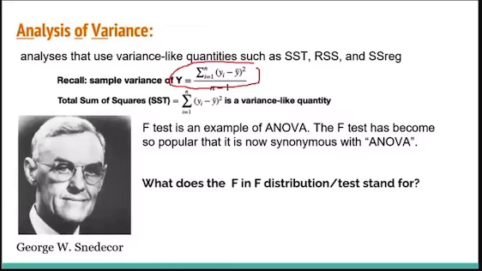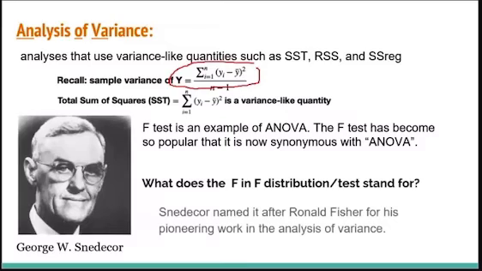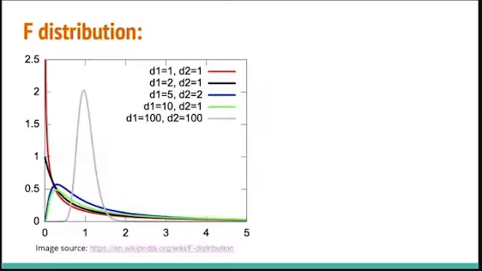Definitely it was named after Ronald Fisher. You see that F? Fisher. Snedecor named it after Ronald Fisher for his pioneering work in the analysis of variance. I want to believe George Snedecor was a student of Ronald Fisher. So they worked together on the analysis of variance.